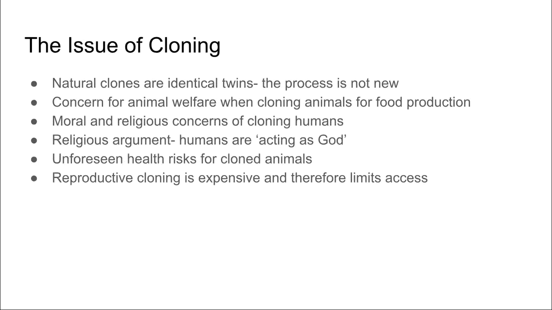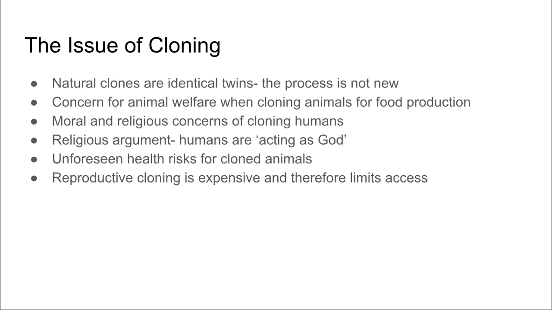When we do clone organisms and genes, we have a few different issues that we come across. Identical twins are natural clones, so cloning is not a new process. However, we do have concerns for animal welfare when we clone animals for food production. There are lots of moral and religious concerns if we move to the process of cloning humans.